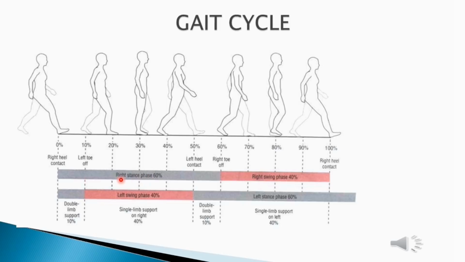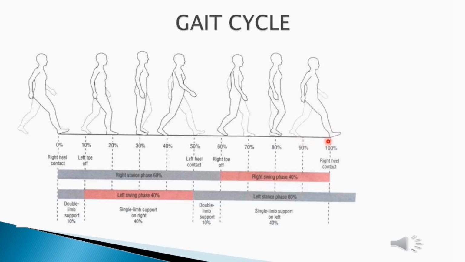So we're going to look at the stance phase of gait as it relates to the right lower extremity. And then we'll move into the next phase of gait, which is the swing phase of gait, again focusing on the right lower extremity. So one complete gait cycle begins with right heel strike and concludes again with right heel strike.